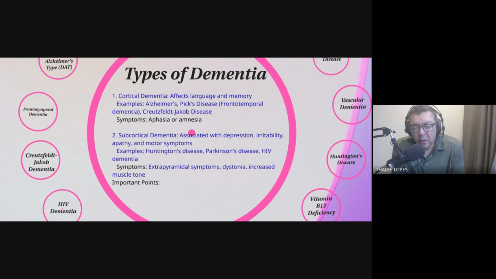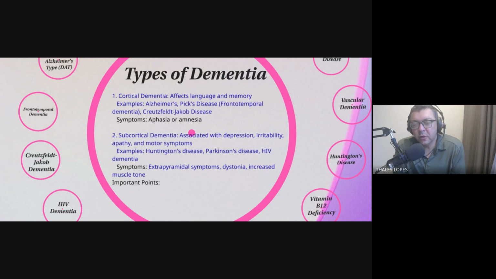So examples of that would be Huntington disease, Parkinson's disease, and HIV. Now, the cortical, three examples of that would be Alzheimer's and Pick's disease. Pick's disease is the same thing as frontotemporal disease, frontotemporal dementia, or some people may call it frontal dementia, right?